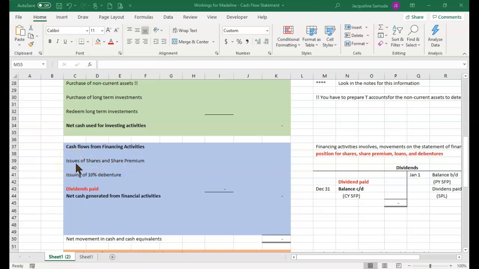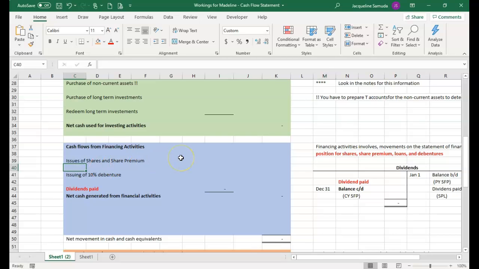Now, if a company issues shares to the public, it means that they're going to get cash in exchange for that. So this issues of shares will represent cash coming in, and so this line will have a positive number.